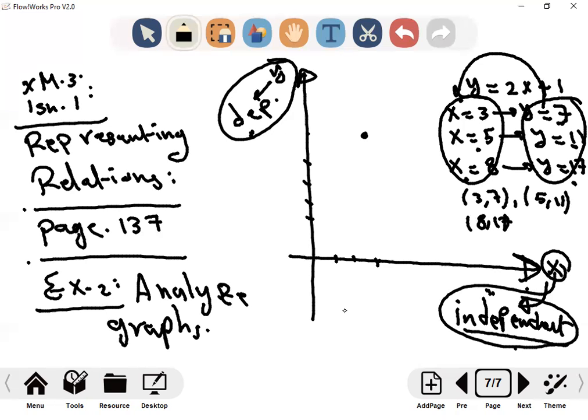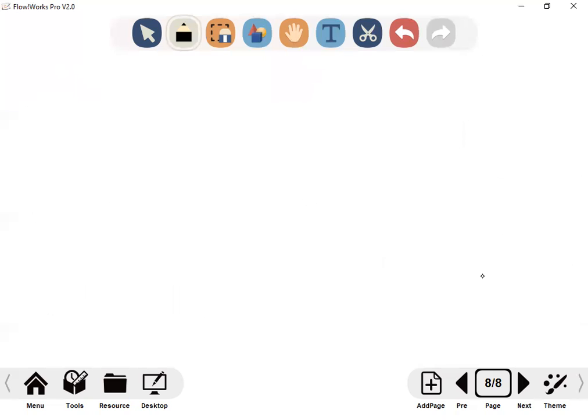I'm talking about the coordinate plane with x-axis and y-axis. But if you change x and y to h and t, it will be t equals something by h, so h will be independent, t will be dependent. Now let's go to our example.